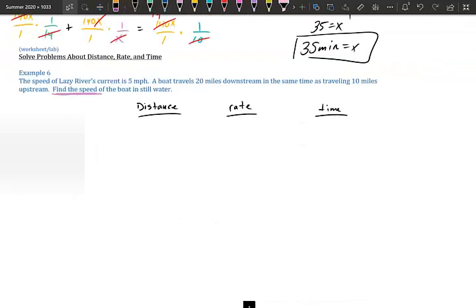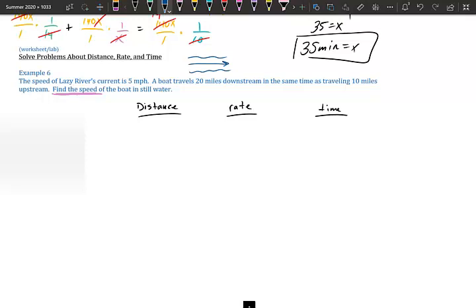All right, we're traveling on the same river, and the river is going at 5 miles an hour. So let's draw this. All right, we have our river, and let's say you're looking at the river and it's going to the right.